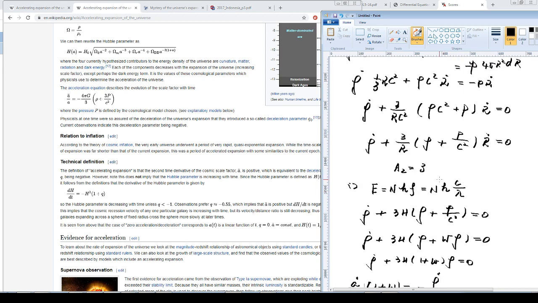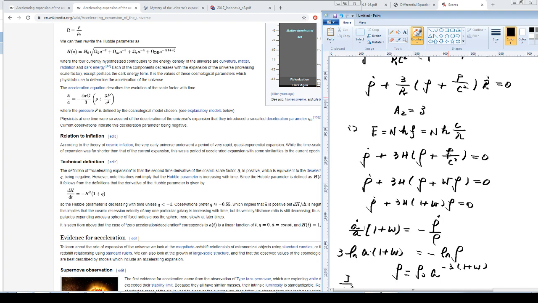We have to rely on this version, and the second term should be a 0. Yeah, for A dot to be 0, rho dot has to be 0, right?